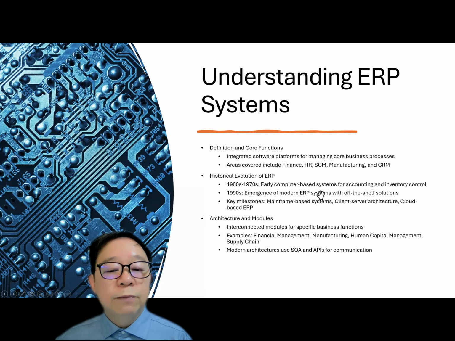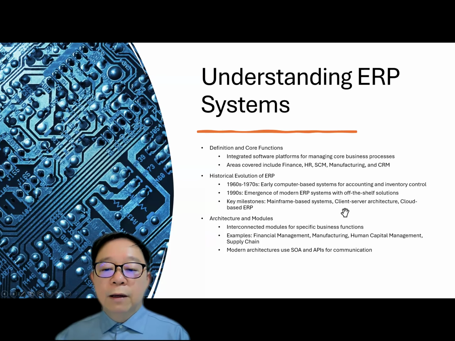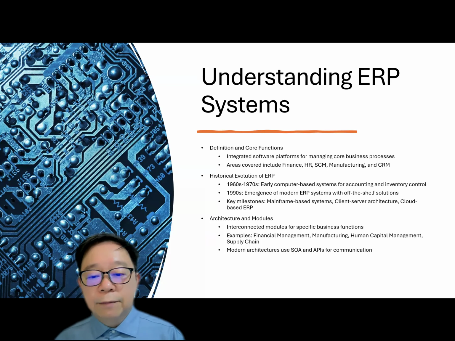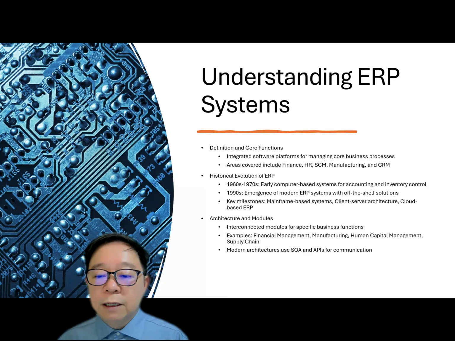So as the technology improved, the 1990s saw the emergence of the modern ERP system, right? And of course, there are key milestones, those big computers, remember that? IBM, the banking system, the mainframe system. After that, they changed to client-server based.